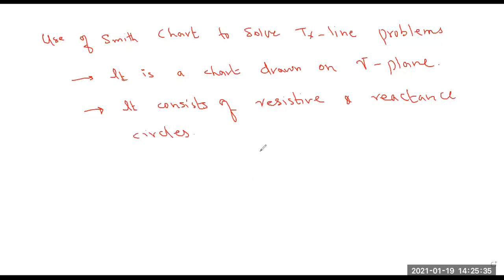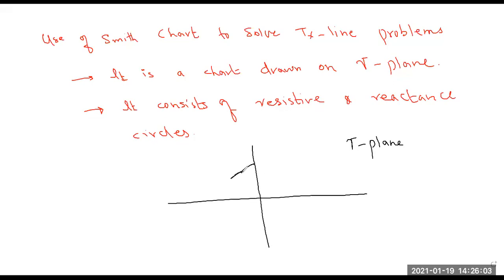So if I draw a rough Smith chart, if this is a gamma plane, and we know that in the gamma plane, the area that is of use to us is the unit area, so unit circle.